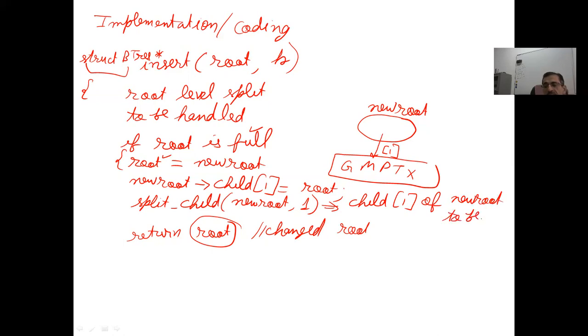Why am I writing like this? The advantage is split child will be needed many times. Split child will be a routine function, an extra function which will be needed multiple times. So instead of rewriting the whole code here, I use the same function split child to do it.